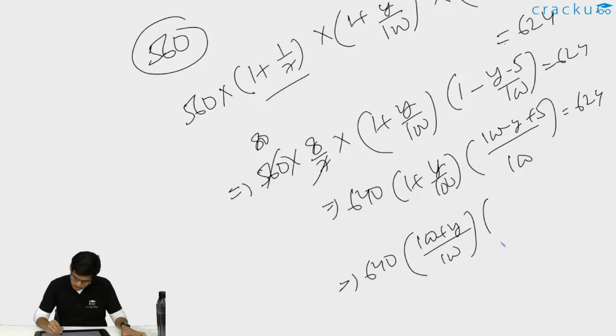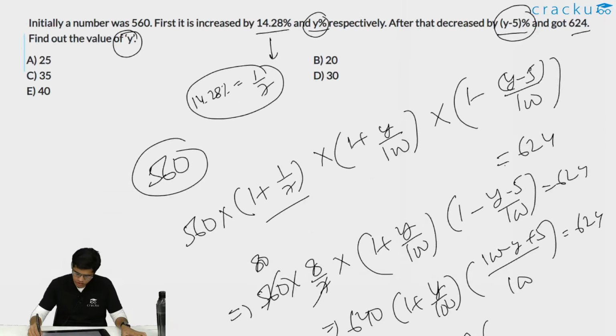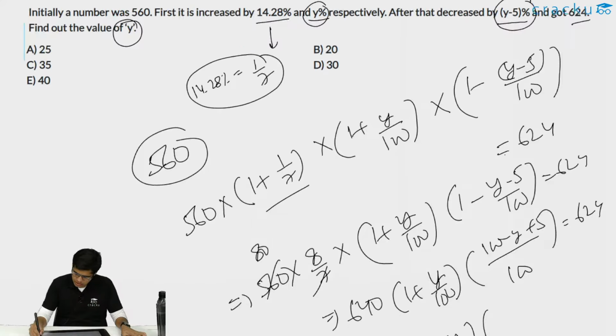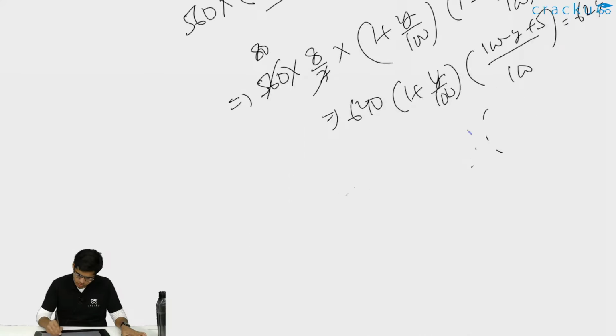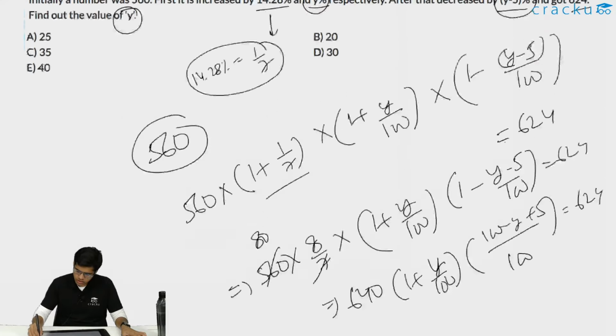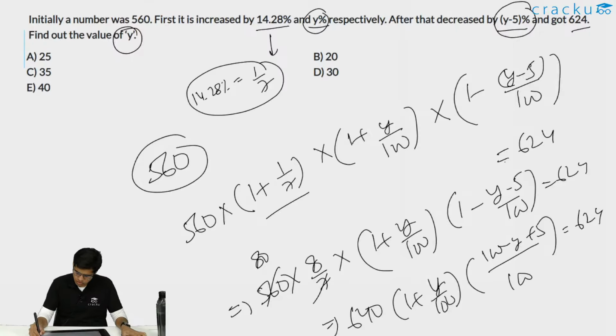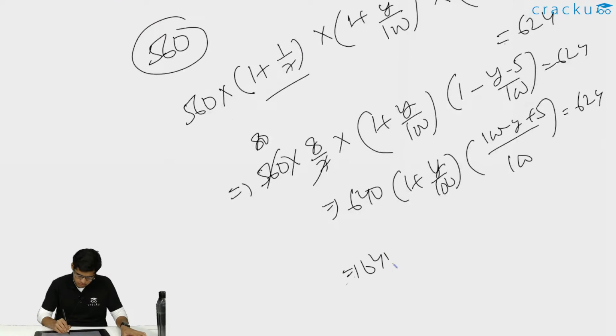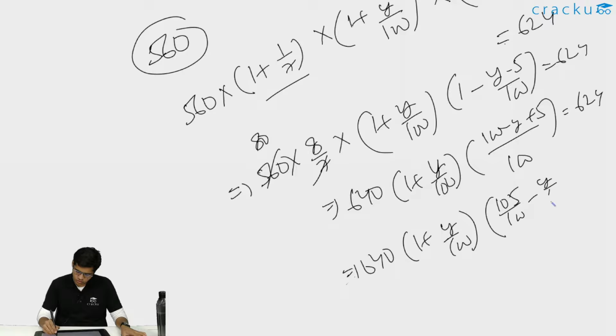One thing we can do is let's use this y by 100. What I'm trying to say is this one: 640 into 1 plus y by 100. Let's say the 100 plus 5 is 105. So this I can write as 105 by 100 minus y by 100, right?